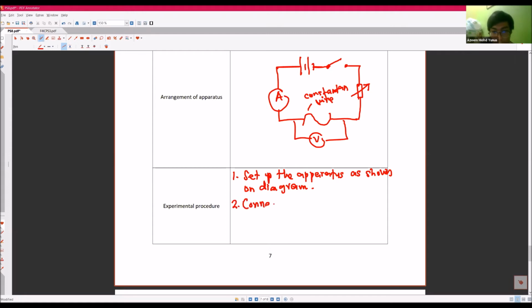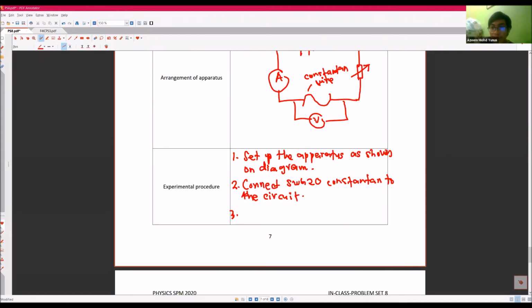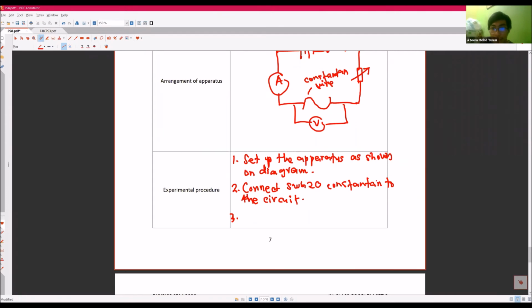Connect SWG 20 constantan wire to the circuit. Number three, we have to make the apparatus functional before we record the responding variable.